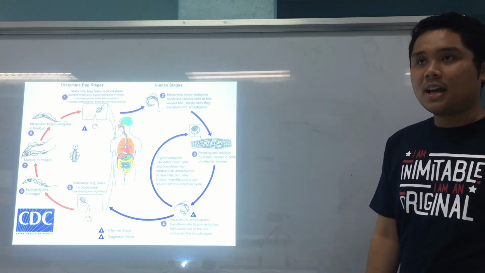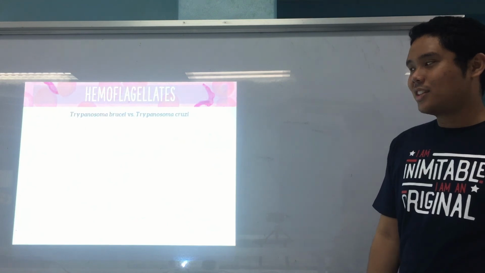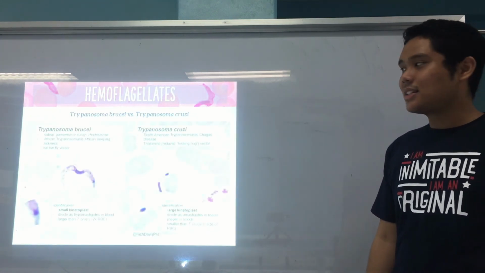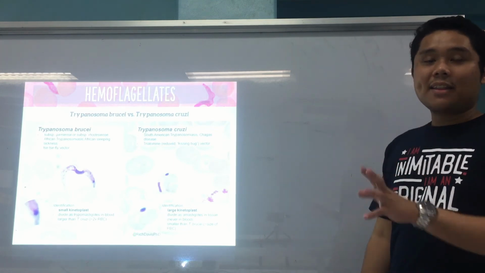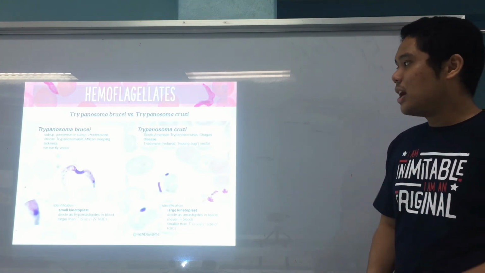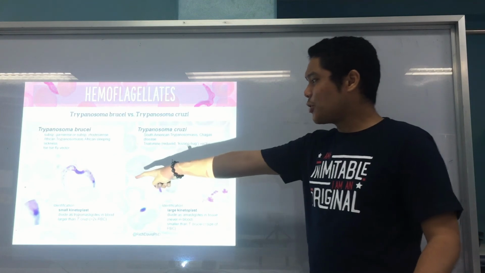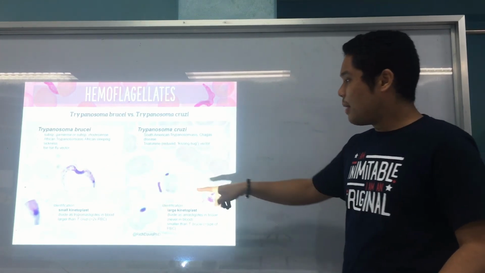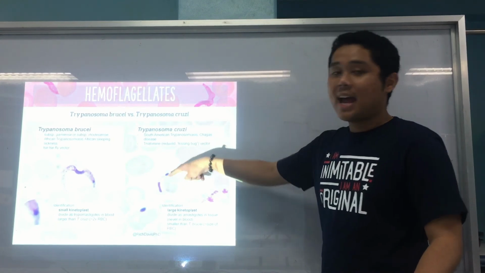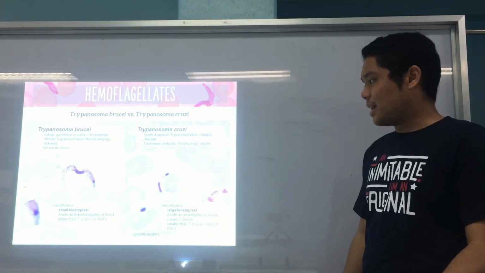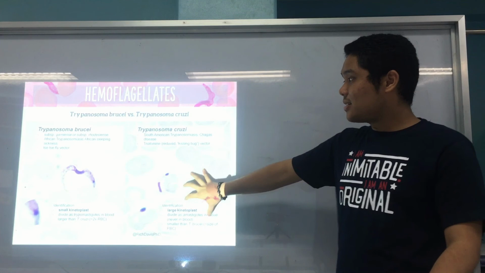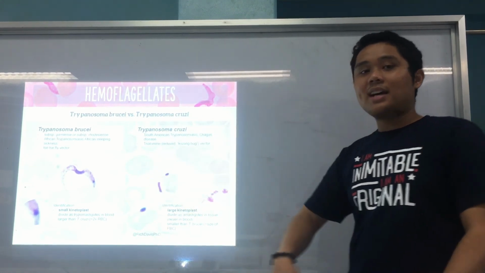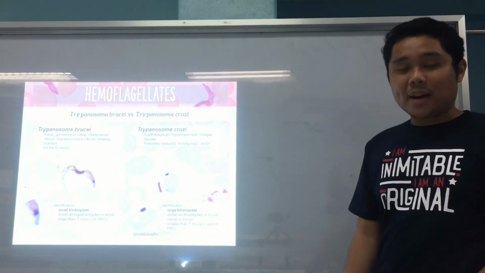That's the life cycle of T. cruzi. And lastly, is the comparison, again based on Dr. Rich Davis, between the Trypanosoma brucei and the Trypanosoma cruzi trypomastigote. We look at the kinetoplast: small in Trypanosoma brucei, but large in Trypanosoma cruzi. T. cruzi divides as amastigotes in tissue, but T. brucei divides as trypomastigotes in peripheral blood.